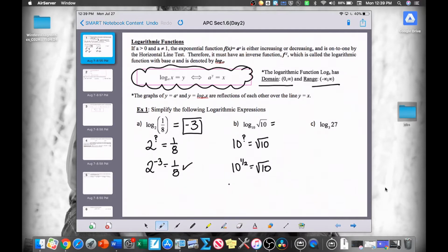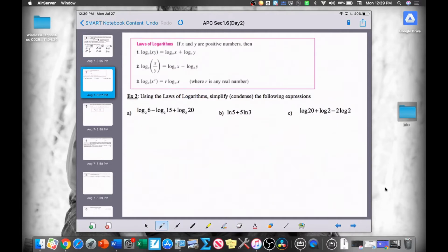So that tells us that this expression has to be equal to 1/2. And then our third expression, log base 3 of 27, that's asking us 3 to what power is 27? Well, hopefully you're realizing 3 to the first is 3, 3 squared is 9, and 3 cubed is 27. So this expression is equal to 3. We did all of those without the use of a calculator.